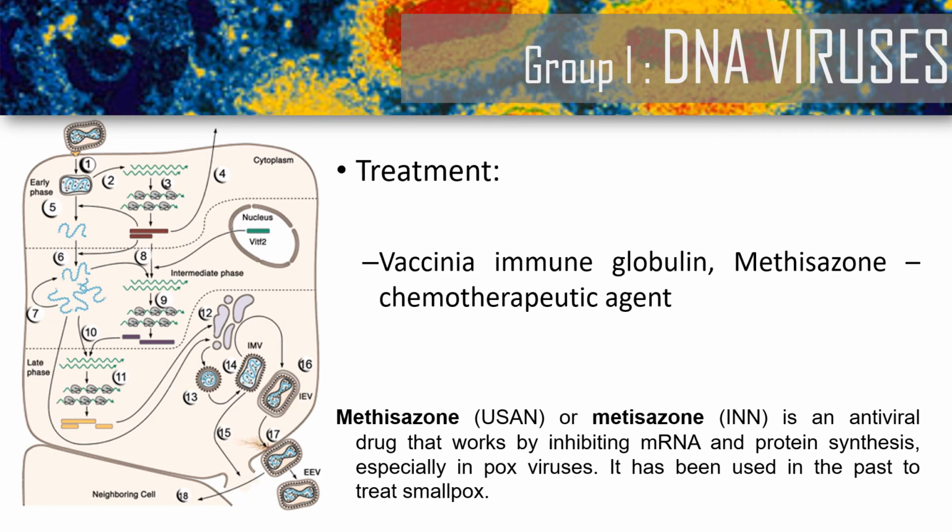Ang kagandahan ng drug is that it directly inhibits the genome function, okay, at saka protein synthesis, especially in pox virus. So it has been used in the past to treat smallpox, okay. So at least kung lalabas man siya, we still have this one, okay, metisazone.